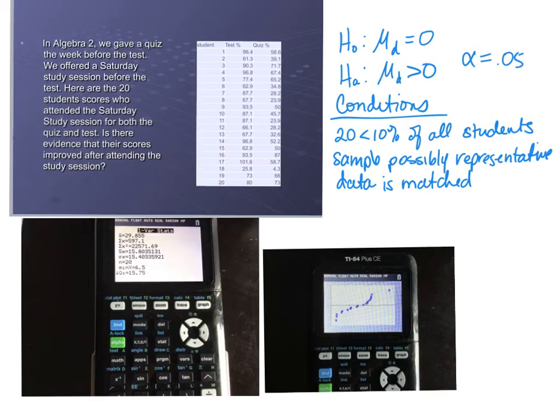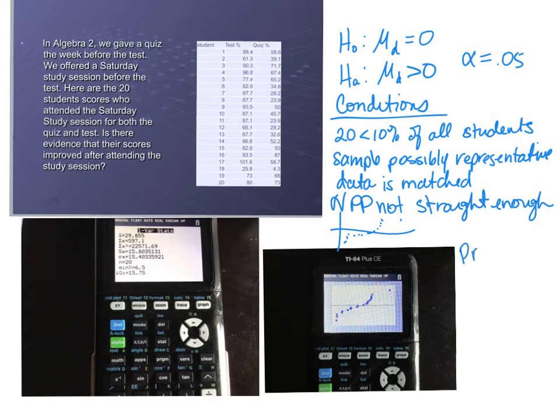So we would say normal probability plot not straight enough. And draw that real quick. I mean, you can see a clear curve there. So proceed with caution.